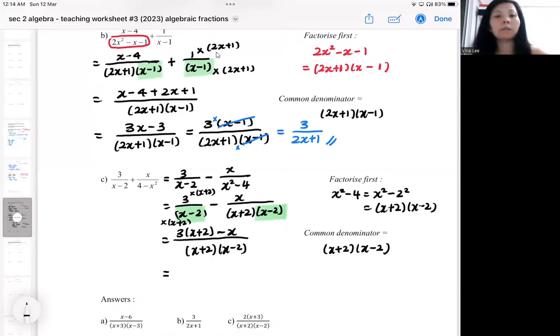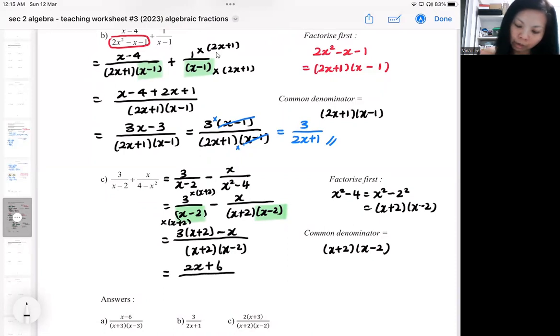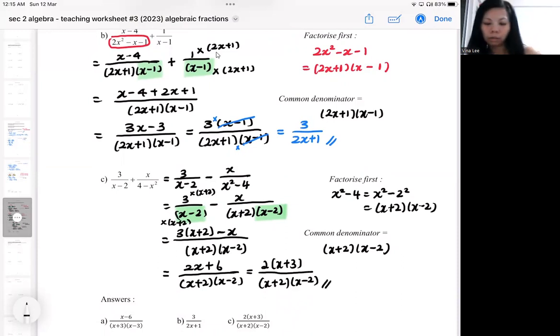And then you just focus on expanding out the numerator. So I'll get 3x minus x, 2x plus 6. Leave the denominator alone, no need to expand. For the numerator, in this case, you can factorize, but it doesn't enable you to cancel the bracket with the denominator. So that will be your final answer.